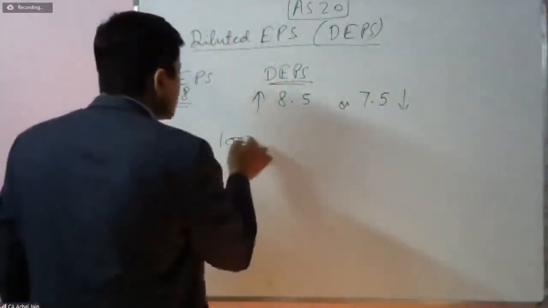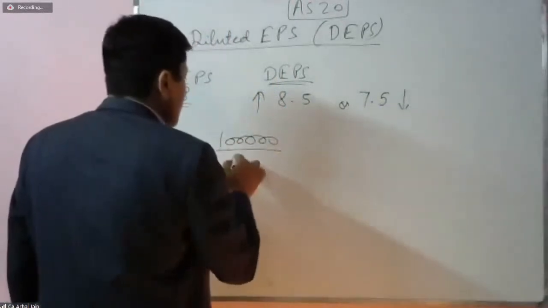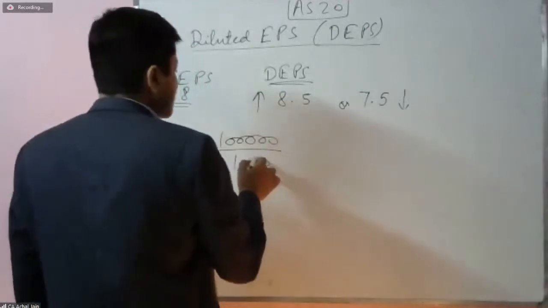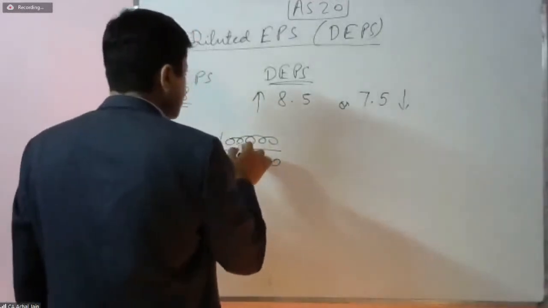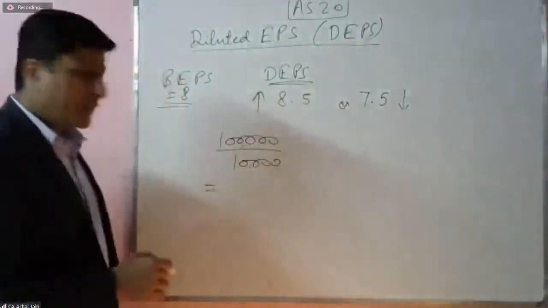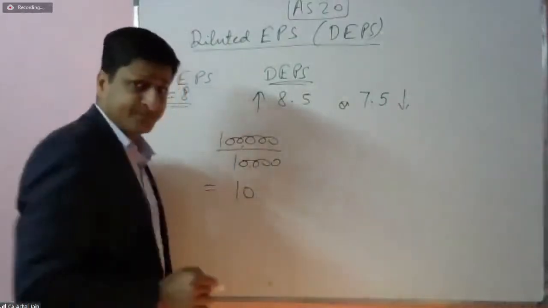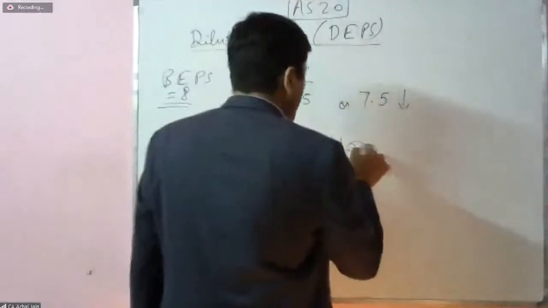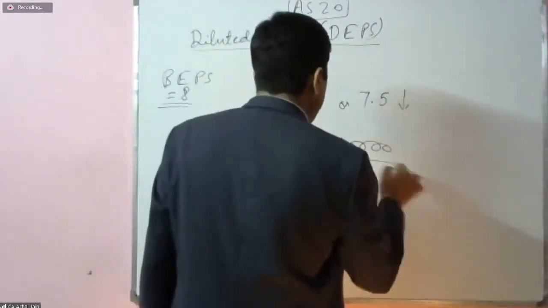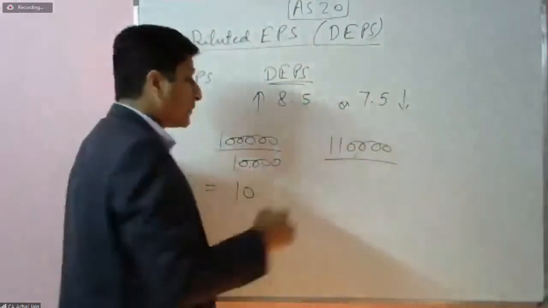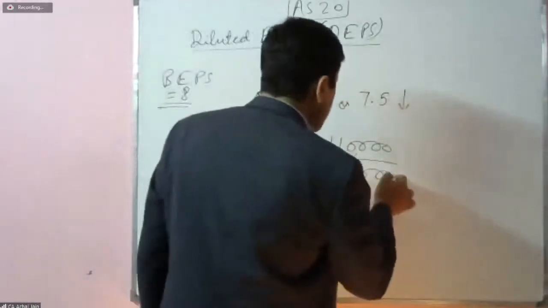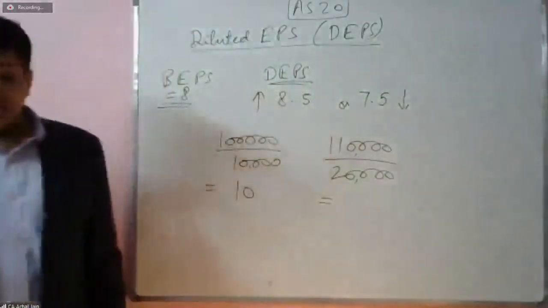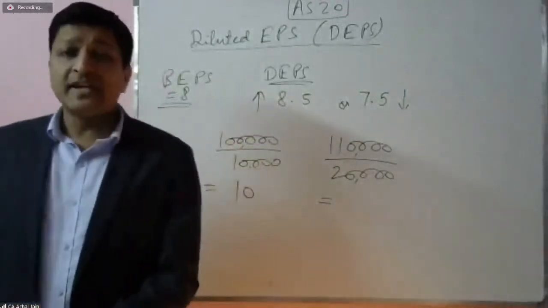Let's suppose earlier the profit was 1 lakh and the number of shares was 10,000. So what was the EPS? 10. Say now it becomes 1,10,000 and the number of shares becomes 20,000. So in this case, what will be the EPS?